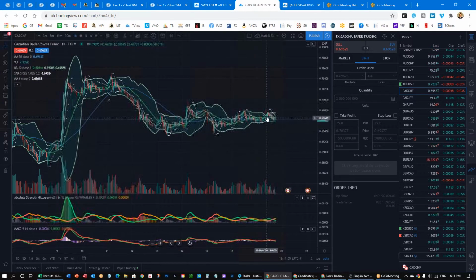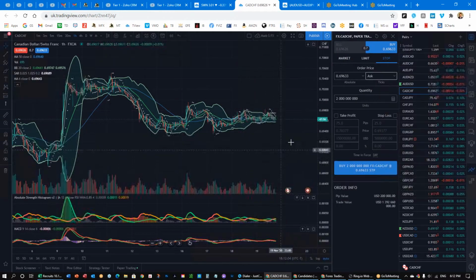So here we have another, I like to call these choke points or pinch points, and they're usually really good opportunities to create a bracket trade and to be able to take advantage of any breakaway that happens.